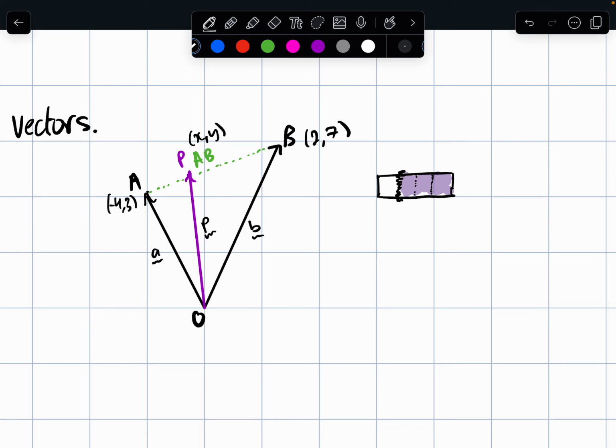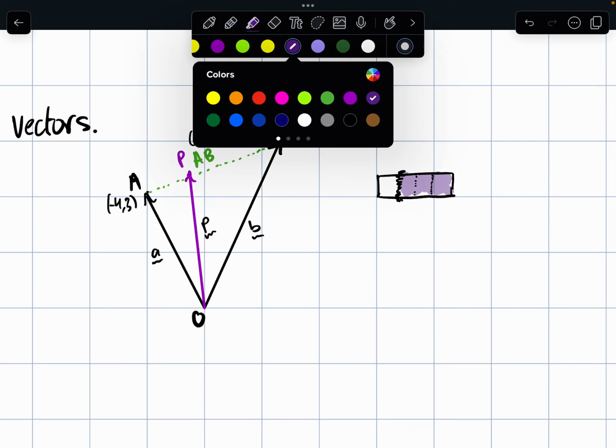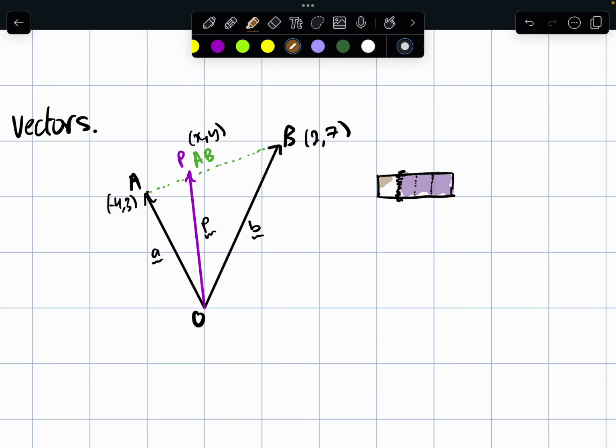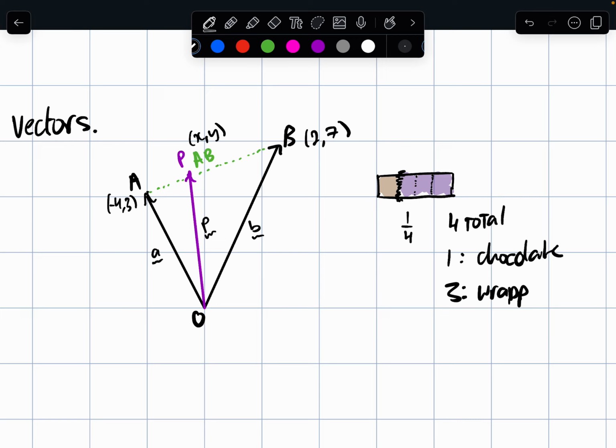One part is chocolate bar, and 3 parts is wrapper. So another way of saying it is it's 1/4, right? Because out of 4 total parts, 1 part chocolate, 3 wrapper. So let's apply that same logic here.